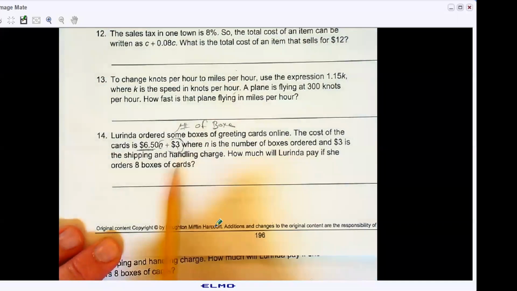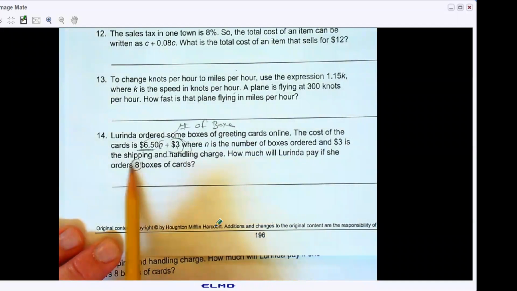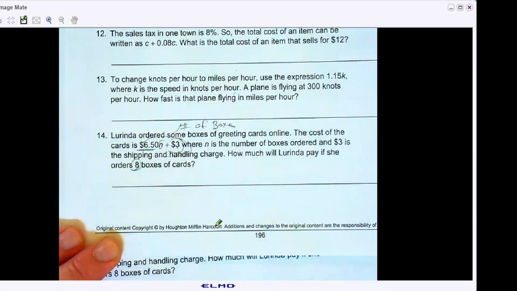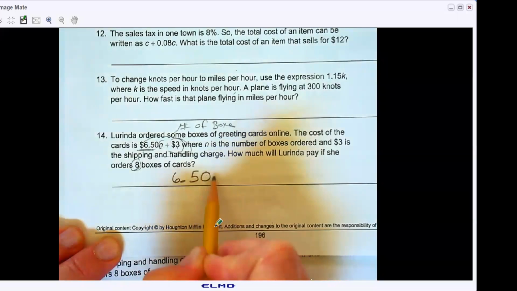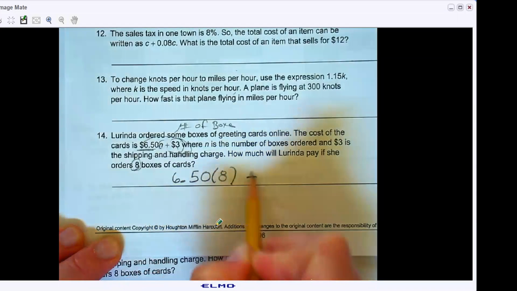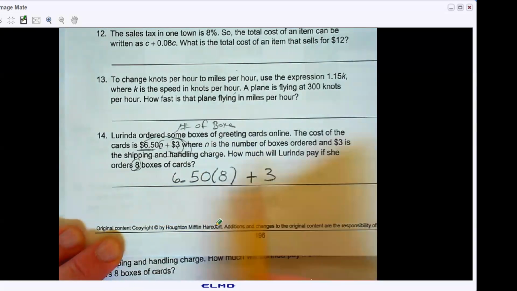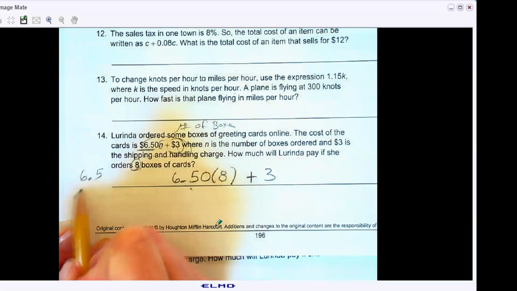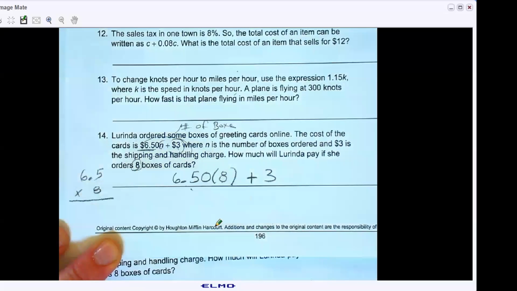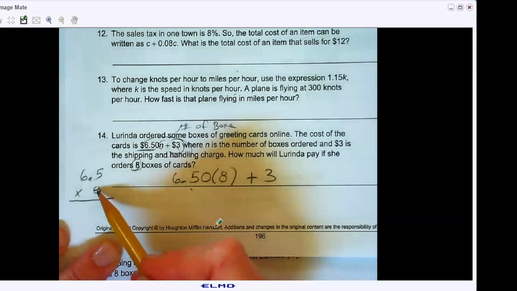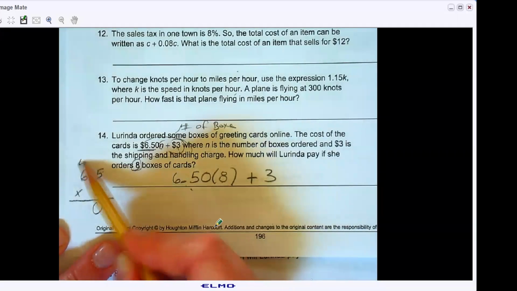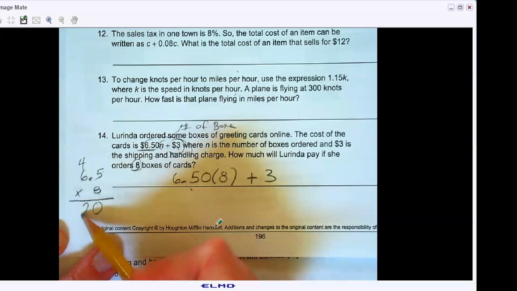So I'm going to take this expression and plug 8 in there. That doesn't seem too hard, right? So I'm going to go 6.5 times 8 plus 3. PEMDAS tells me I have to do this multiplication first. So 6.5 times 8. I know that I don't line up my decimals when I'm multiplying decimals. 8 times 5 is 40. 8 times 6 is 48, plus 4 is 52.